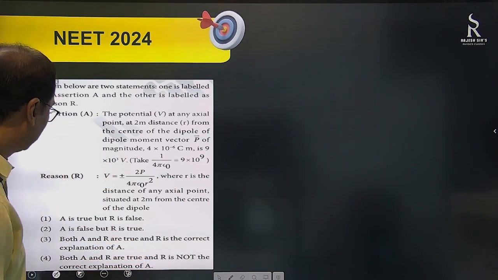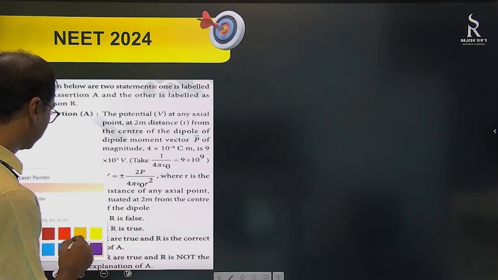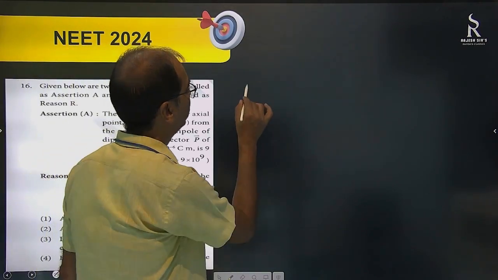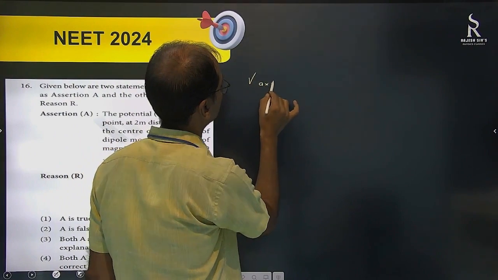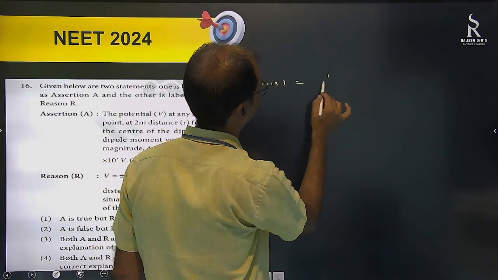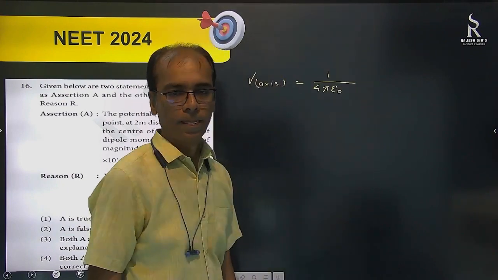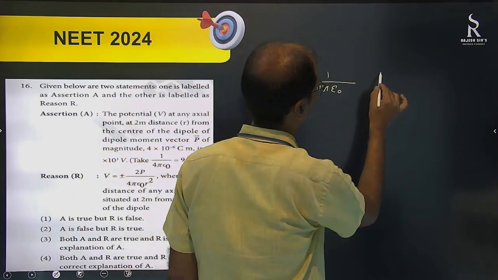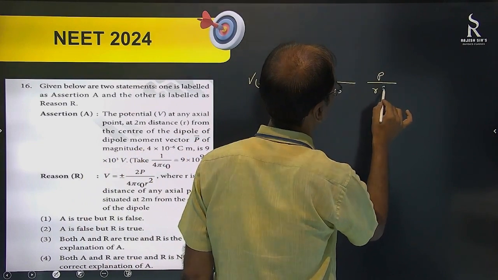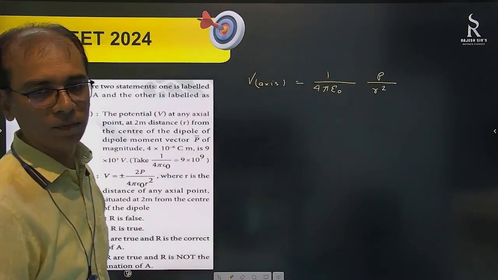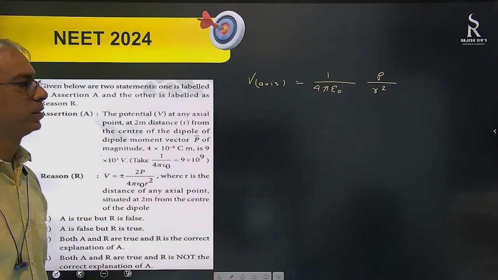Okay. So at axial point, what is the formula? Now, direct formula based question it is. V axial is 1 by 4 pi epsilon naught P by r square. Okay.